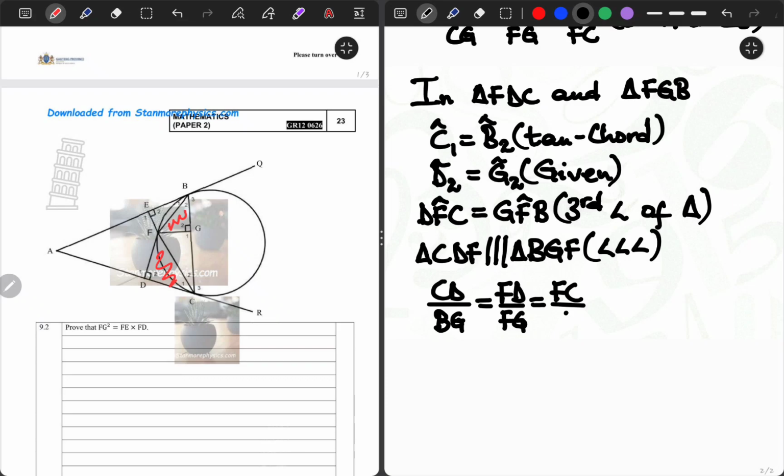Let me correct myself. CD over BG equals to FD over FG. And lastly, CF over FB. These are similar triangles.